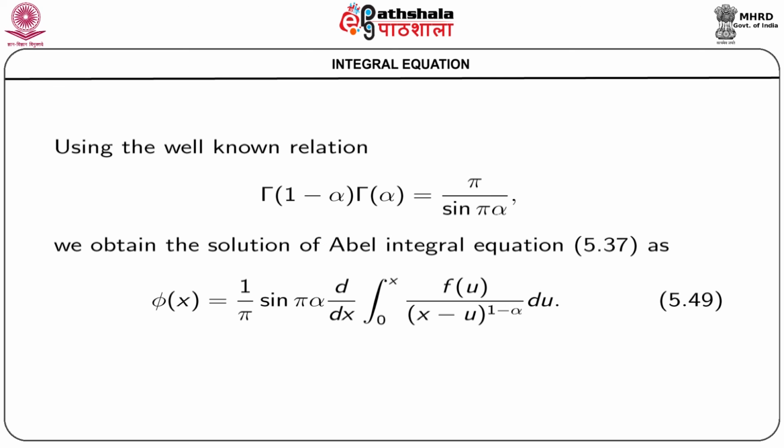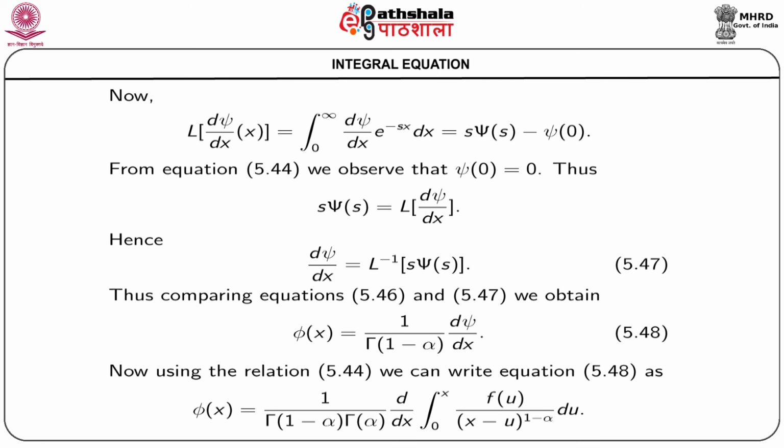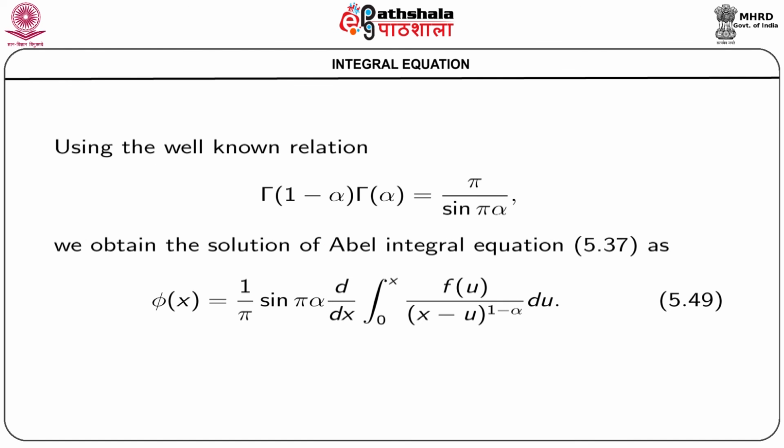So using this value in the denominator of the expression for phi x, we find that the solution of Abel integral equation 5.37, which is a generalization of Abel's integral equation, is phi x equal to sin pi alpha by pi times d by dx of the integral from 0 to x of f u by x minus u to the power 1 minus alpha du, as given by equation 5.49.